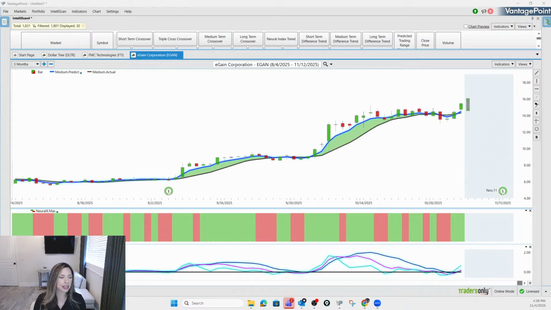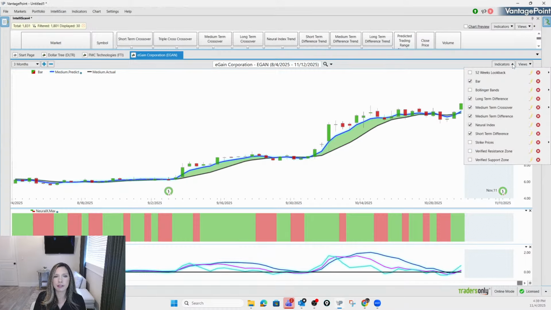Keep in mind, established trends are harder to break too, right? A new trend that's really just starting out can be a little bit more sensitive, right? And so it requires a little bit more care and attention. An established trend is harder to reverse out of. And so that's why it's difficult to identify reversals.